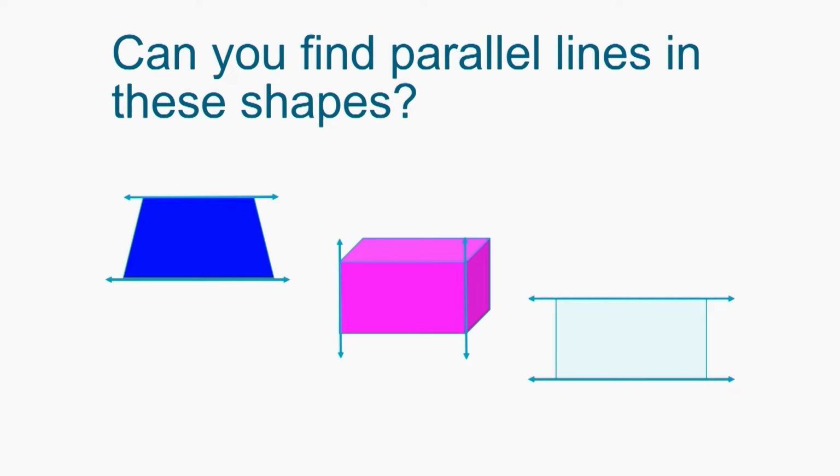If we imagined these sets of lines extending in both directions, we can see that they would never cross. They are parallel lines. Are there any other sets of parallel lines in these shapes?